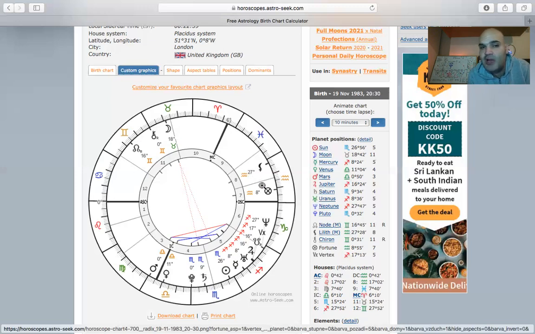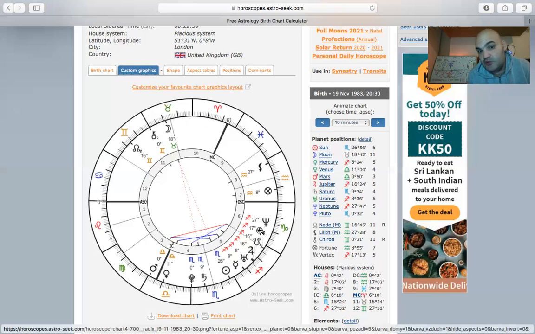So people who have a lot of planets in the top half of the chart would be more extroverted people, people that like being out in the public, going looking outside of themselves.